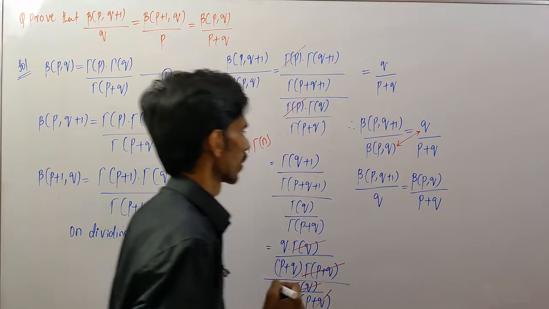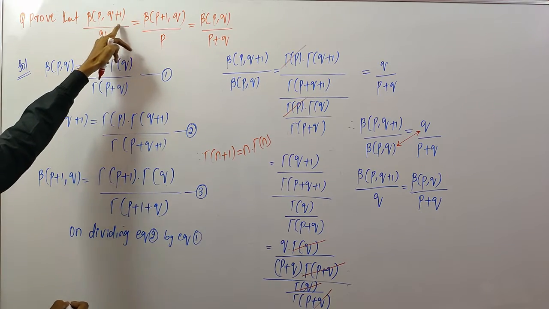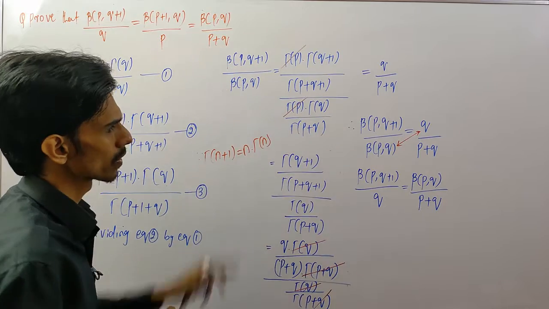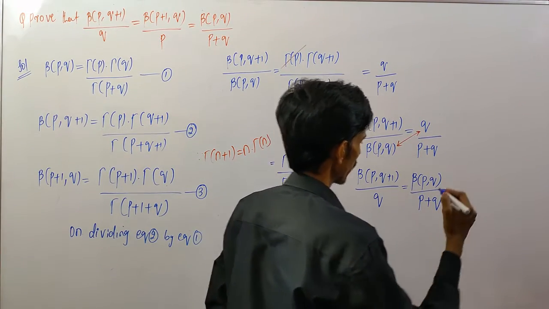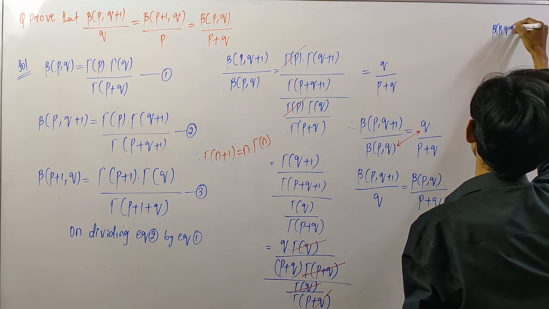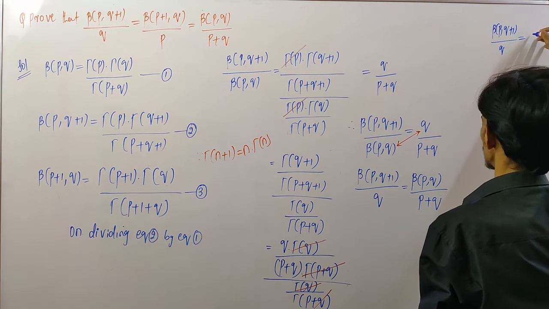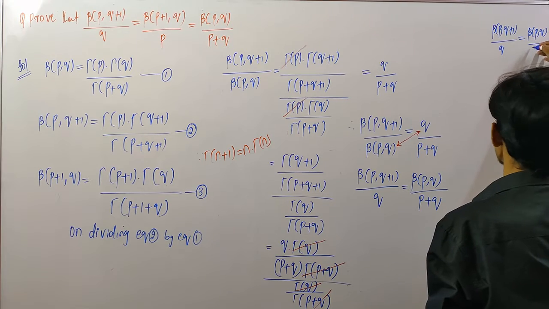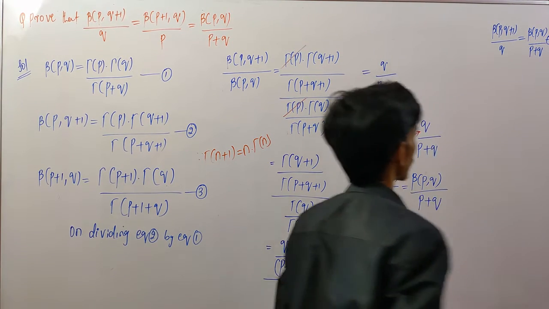Let me write down this value here: beta of p comma q plus 1 divided by q is equal to beta of p q divided by p plus q, equation 1.